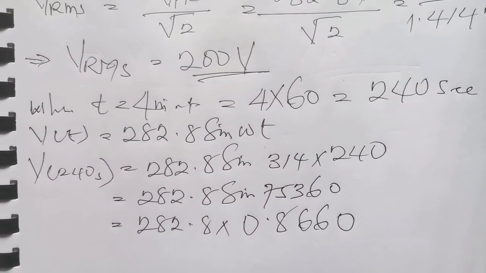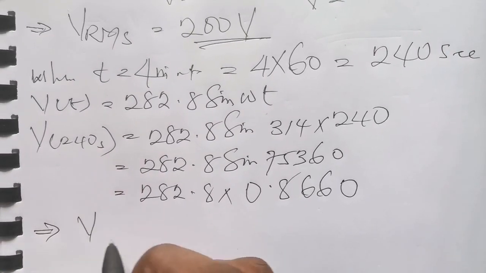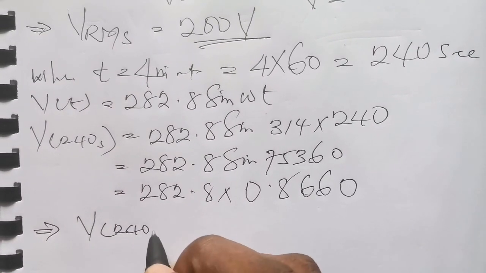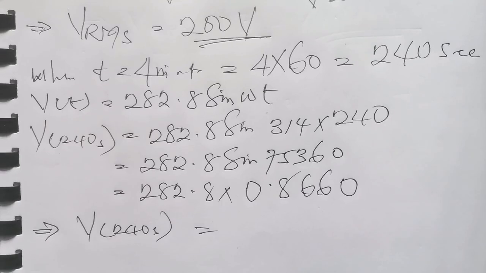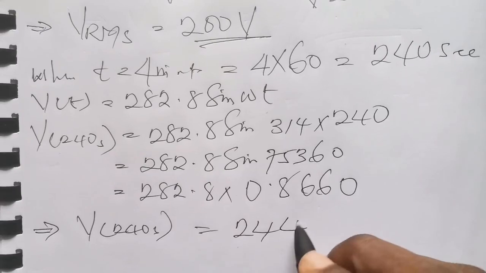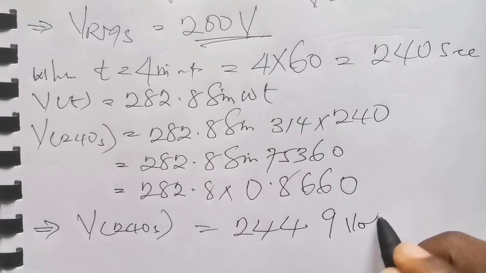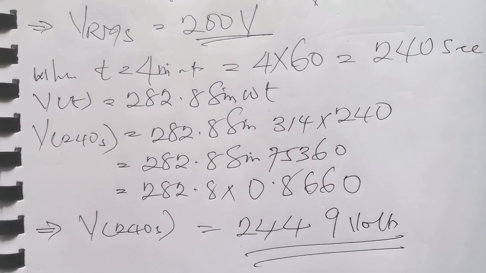So the instantaneous voltage when the time is 240 seconds is this value multiplied by 282.8, and we obtain 244.9 volts. So this is the value of the instantaneous voltage.